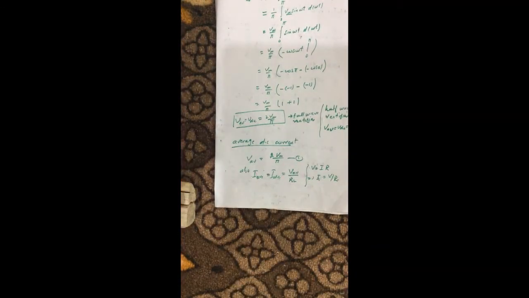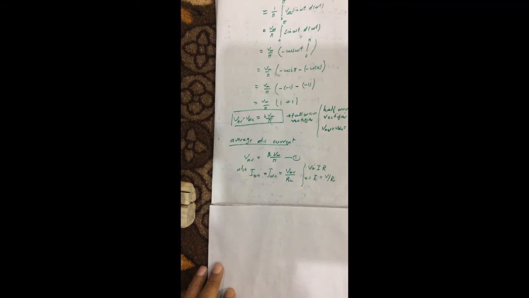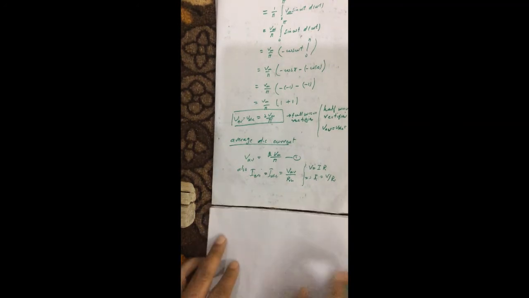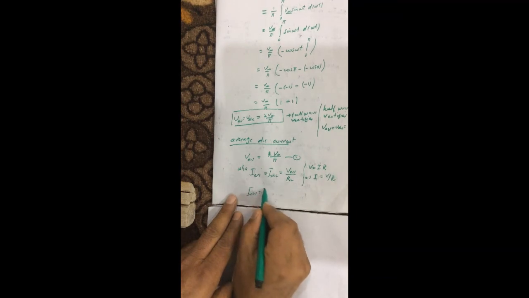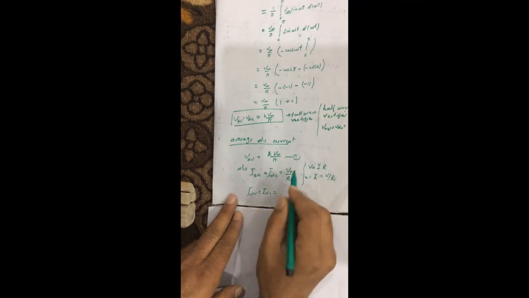Next, we will move to calculate its value now. The value should be like this. I average or IDC is equal to V average.